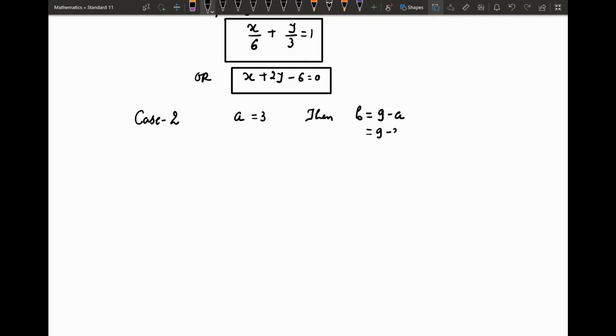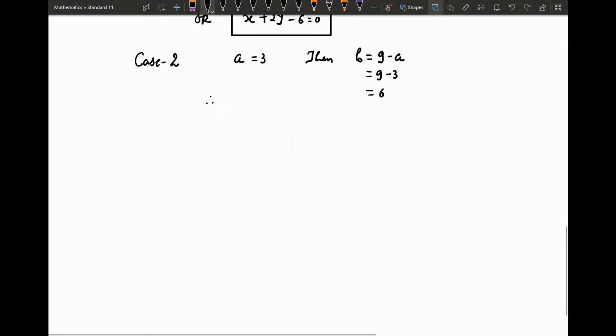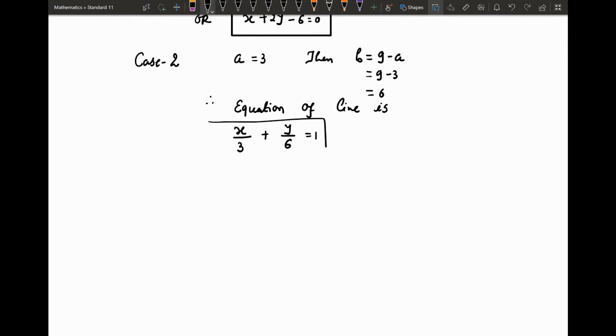So 9 minus 3, and therefore b equal to 6, and therefore equation of line is x by 3 plus y by 6 equal to 1.